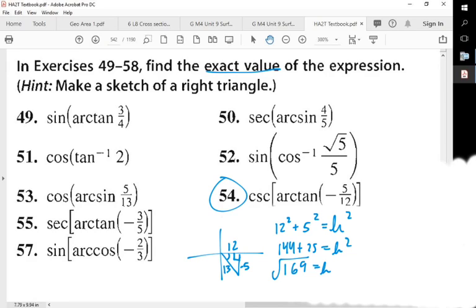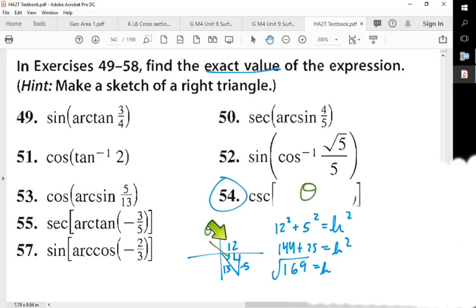Okay. Now that we have our triangle, we can find the cosecant. If we have our triangle, we have our theta. So this right here is no longer in existence. This is theta. Right there. That's theta. We have our triangle for theta. Now we can find cosecant of this theta because we have a triangle.